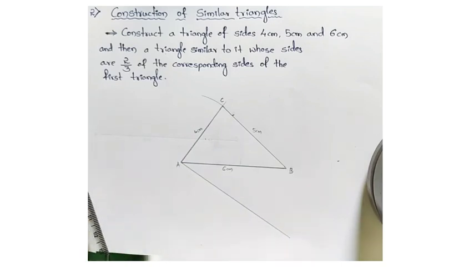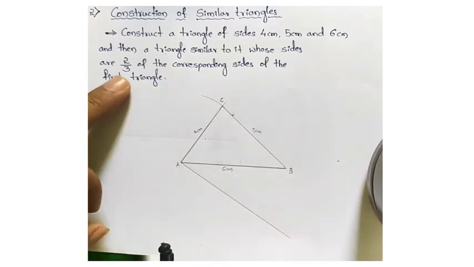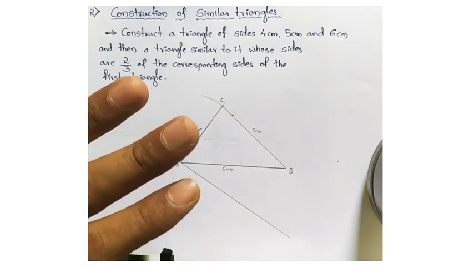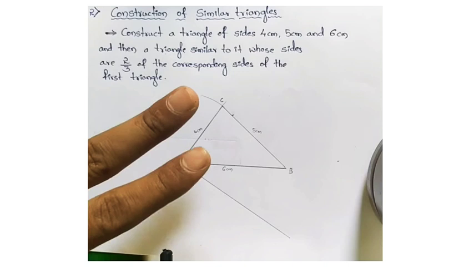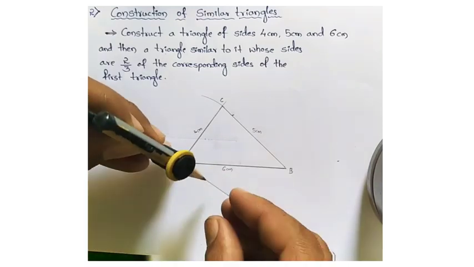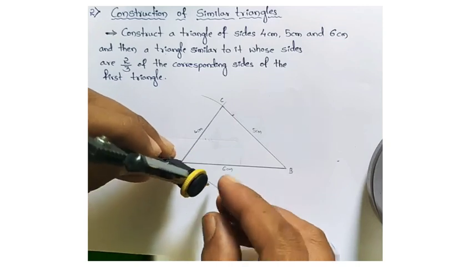Okay, so same steps you have to do here also to making the intervals. How many intervals? 3 intervals, 2 by 3. Out of 3 parts we need only 2 parts. So we have to first make the 3 equal interval parts.